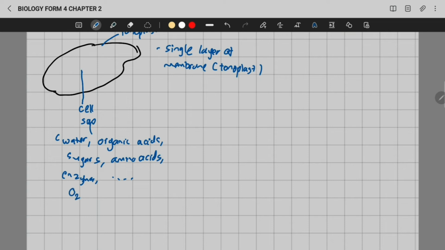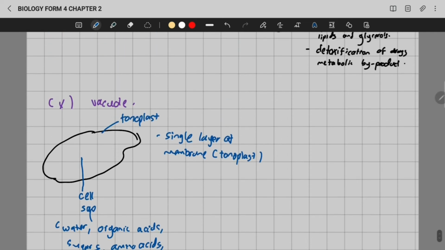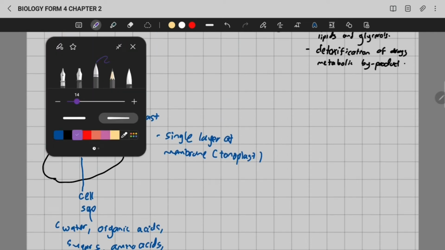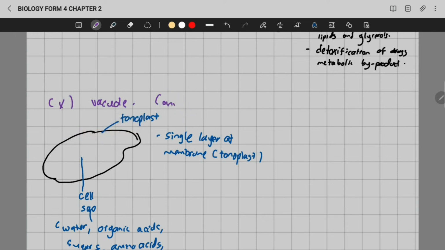They also contain oxygen, CO2, and metabolic byproduct. In short, they store everything that your cell needs. And for information, the vacuole exists in both animal and plant cells.